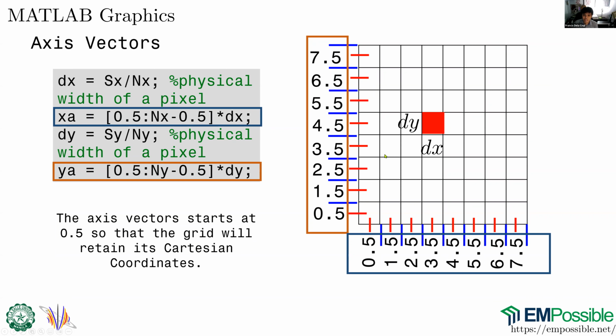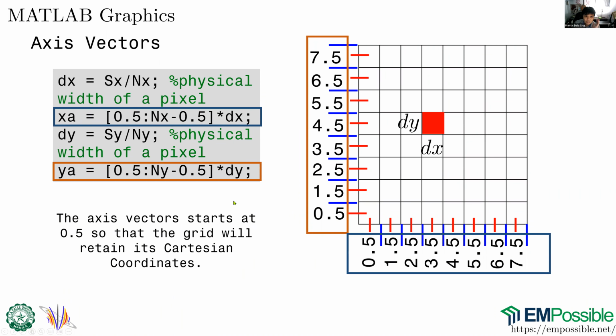Take note that all of the data will be put inside these boxes. There would be some value here, some value here, and so on. But if we do not use these axis vectors, you will not get a Cartesian coordinate related grid.